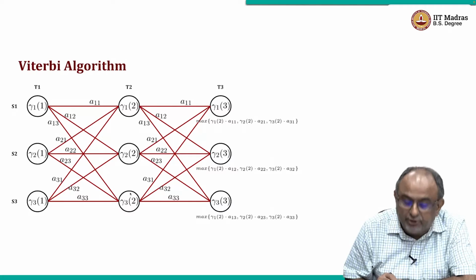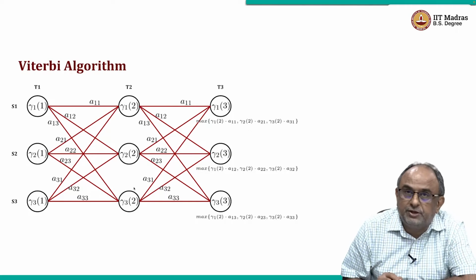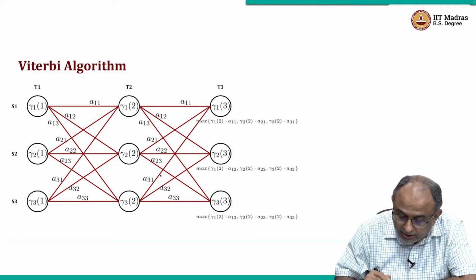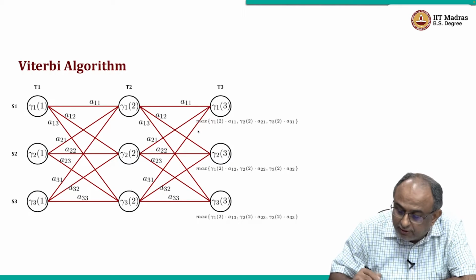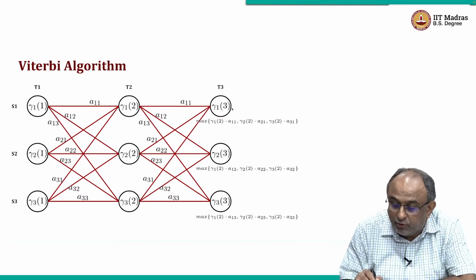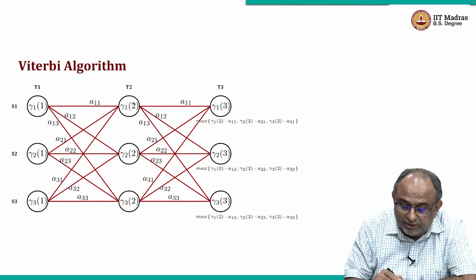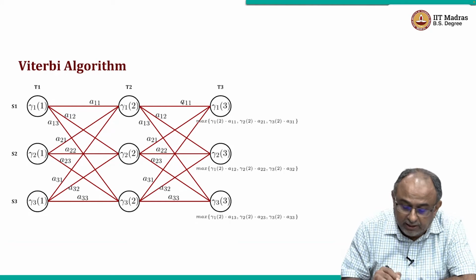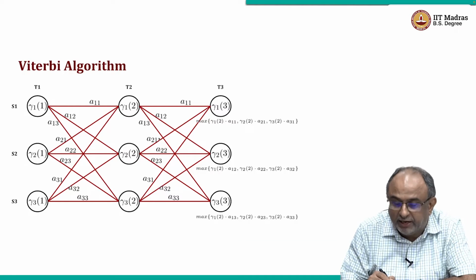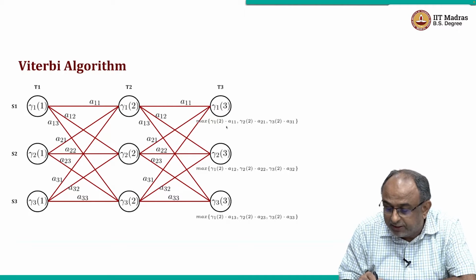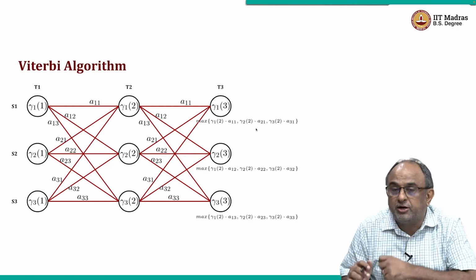Similarly, gamma 3, 2 says what is the best probability that I can have to be in the third state at time instant 2. Then I can come here only through A31, this path. So, A31. Now, what is the best probability that I can have here? I know the best probability here multiplied by A11, I know the best probability here multiplied by A21, I know the best probability here multiplied by A31. Now, after multiplication, the order can be slightly different.